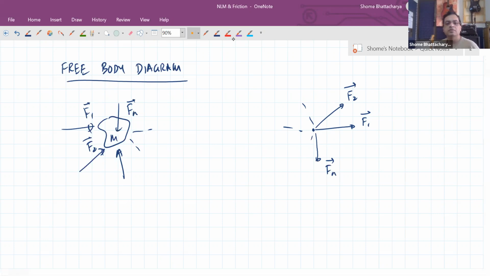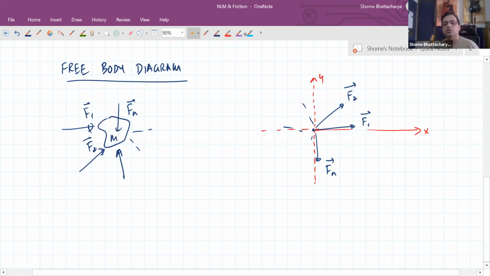Okay, and then we will develop some kind of system of axes, if required two-dimensional, if required then three-dimensional, whatever be the case. And the forces are resolved.